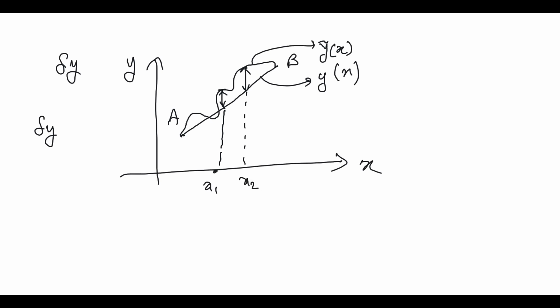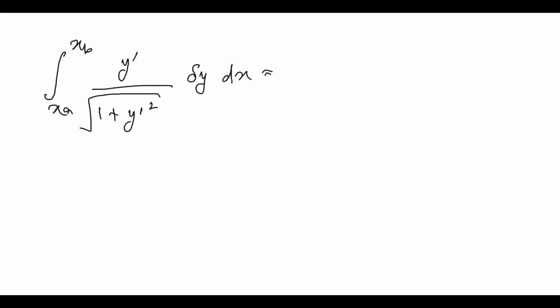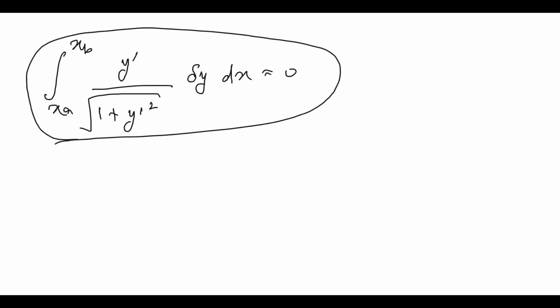Right. So if we go back to our original integral, we had the integral xa to xb of y prime upon the square root of 1 plus y prime squared, times del y dx, equals 0. Correct. Now I want to set this integral to be 0. Do you guys agree that this del y can take any value, right?